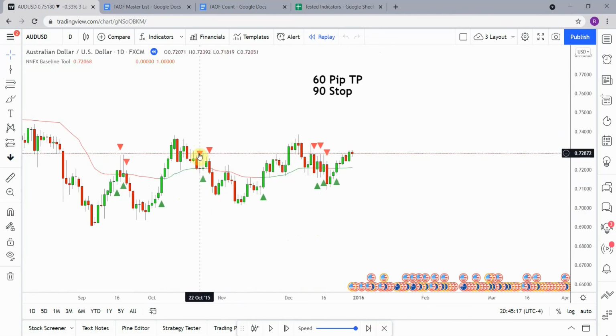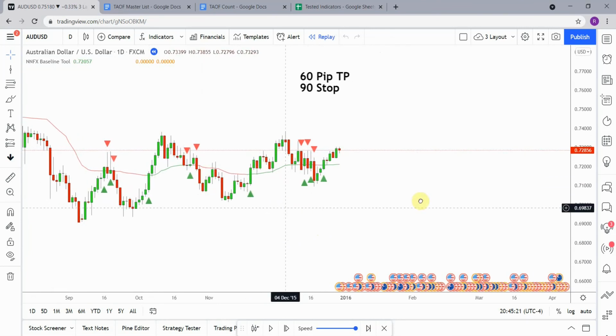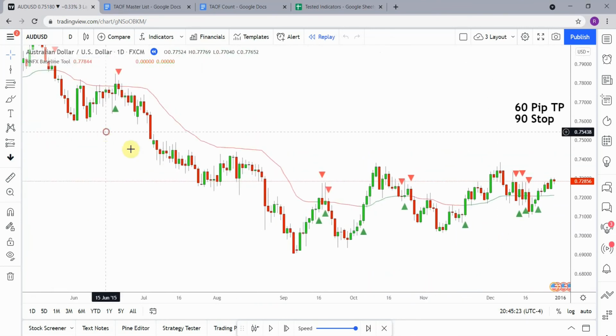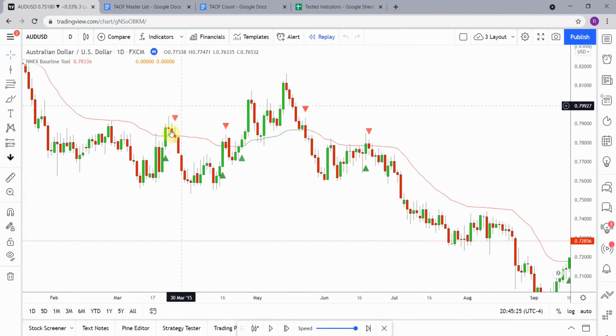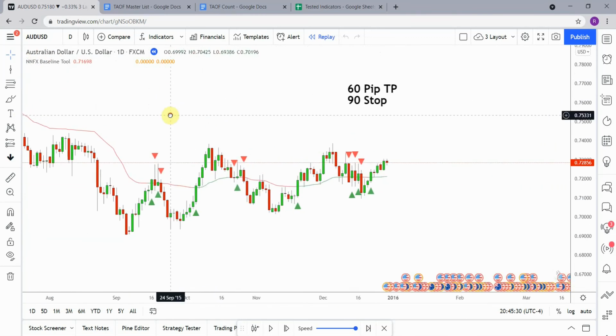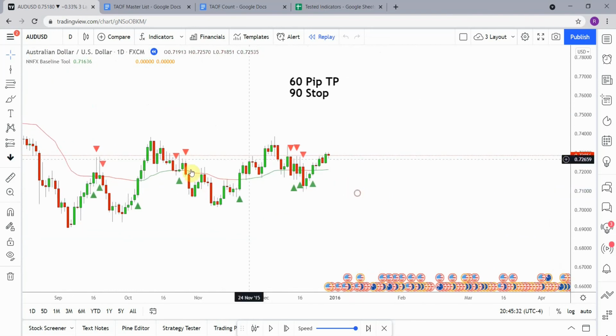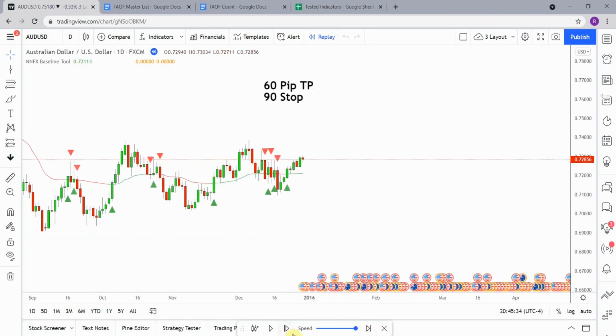When we get a red arrow, we are going to go short. When we get a green arrow, we are going to go long. There are also orange arrows. They're kind of hard to see compared to the red ones, but orange arrows, we'll look at those. Those are still valid signals. Let's go ahead and get on with the testing and see what we can get out of this.